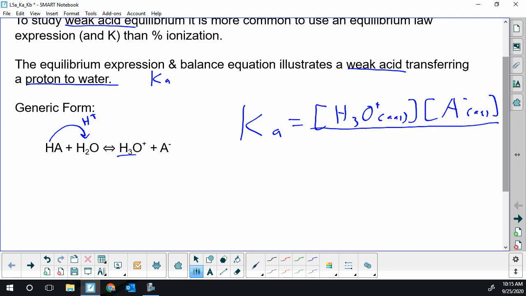It'll have whatever charge the conjugate happens to have. Okay. But using this HA, that's neutral, A would be minus. On the bottom, we're going to have our acid concentration that's left over at equilibrium, which is often very, very, very small, often the same as what we started with, and then we're always going to be dropping water. So this is always the pattern for these questions. And they're always 1 to 1 to 1 to 1. So no squares or powers to worry about.